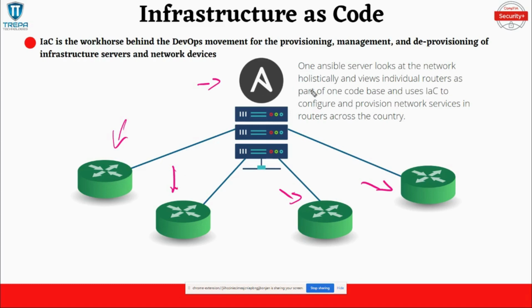One Ansible server looks at the network holistically and views the individual routers as just a part of one code base, and uses that infrastructure as code methodology to configure and provision network services, or really routers and switches across the country or across your enterprise.